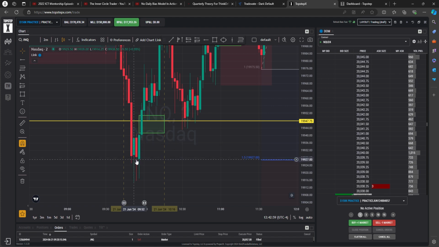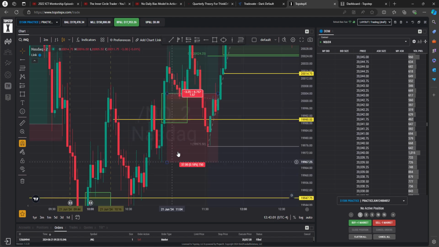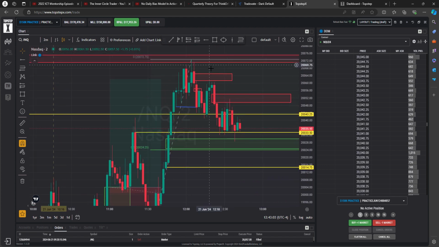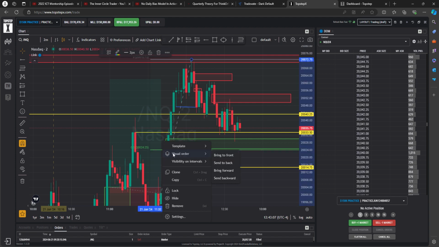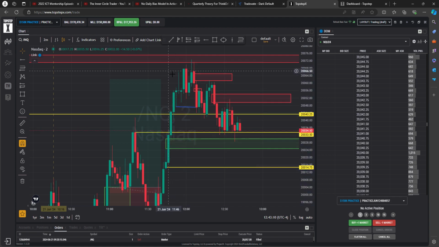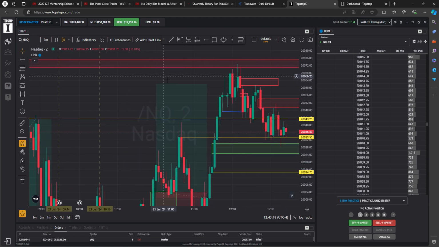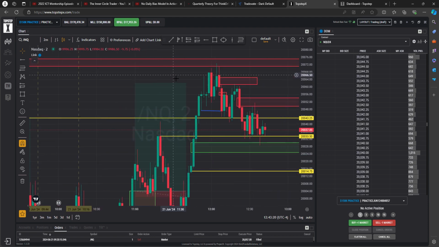That's also why people say the unicorn setup is higher probability. Let me delete this for y'all. It kind of gives you a good example. So you make this high. What do we have? We had that previous bearish FVG, right?